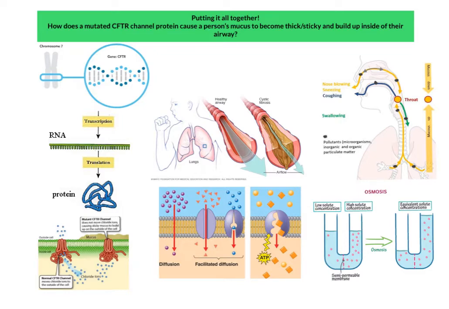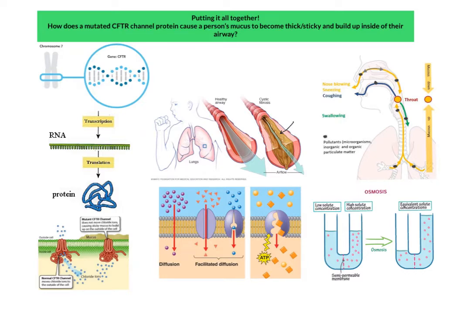And people with this genetic disease develop this very thick mucus inside their airways that we see right here. Not only does that make it hard to breathe, but it also can lead to very high rates of lung infections, which can be very fatal.